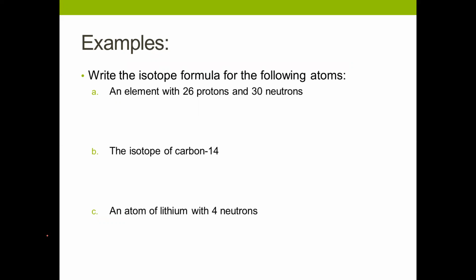People do that all the time. So Fe is the symbol, and the 26 is the bottom number on the left side. Then the top number is the mass number, protons plus neutrons, so we add the 30 plus the 26, which is 56.